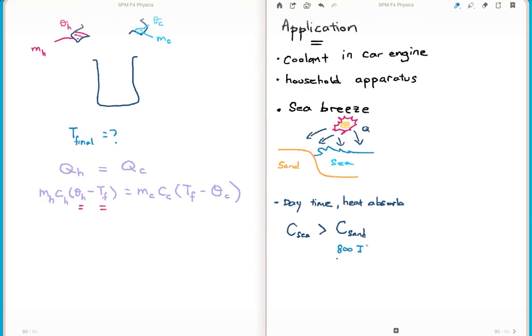Say for example, this is 800. You need 800 joule per kg per degree C, whereas water needs 4,200 joule per kg per degree C. For the same amount of heat, which temperature will increase higher or faster?